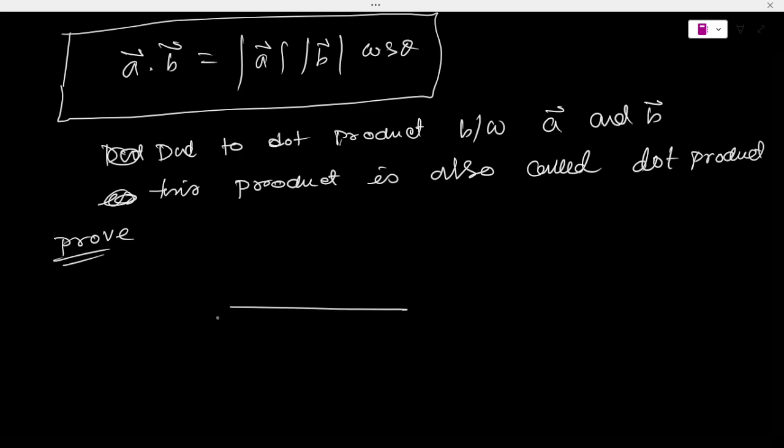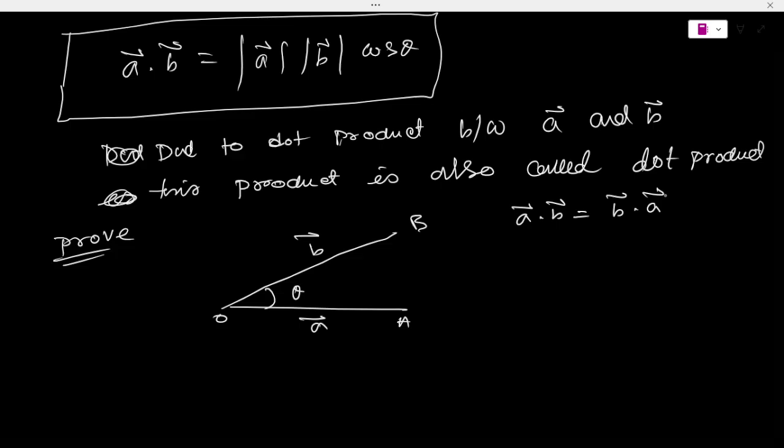This is O to A, and this is O to B, and the angle is theta, this is B vector and this is A vector.